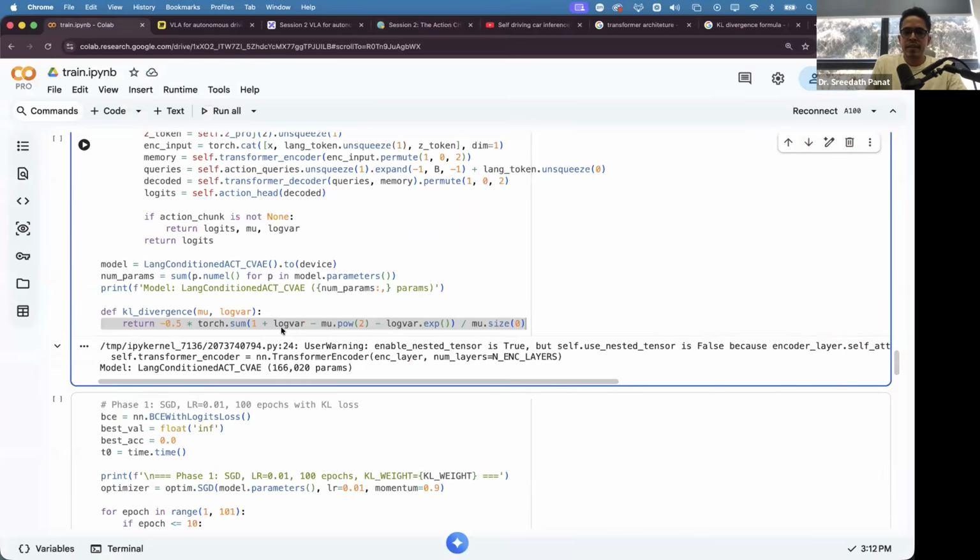Okay, so this is the KL divergence between two distributions. One distribution has a mu of mu and variance of this var. And the other distribution has a mu of 0 and variance of 1. So this is the formula for comparing two distributions in that fashion, KL divergence, and this will be multiplied by 0.01.